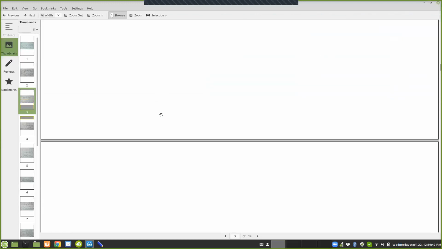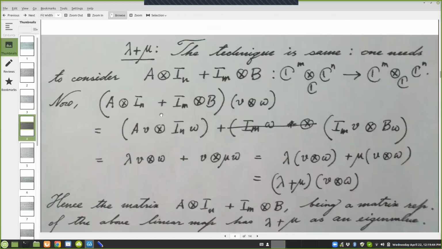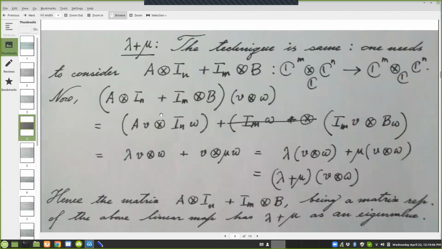The technique for proving that the set of all algebraic integers is closed under addition is exactly the same, but we have to be careful. We just can't take A tensor B, because that won't lead us to lambda plus mu by any means.